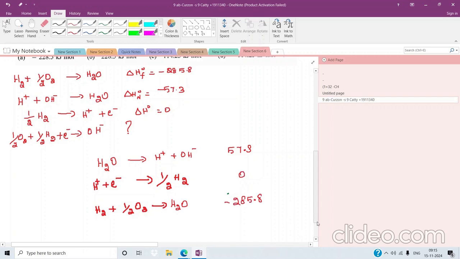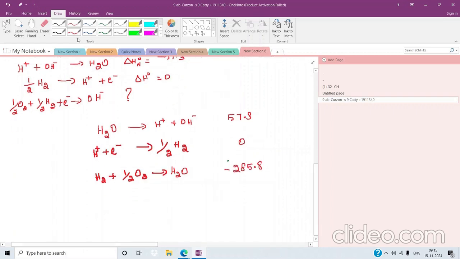If I am adding all those equations, what will happen? Left hand side and right hand side, I am going to add all the equations. I will cancel if the element is present on the left hand side as well as the right hand side. H plus is present on the left and H plus is present on the right, so I have cancelled that. And half H2: here one H2 is there, here half H2 is there.